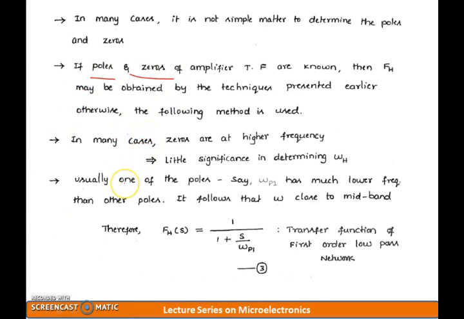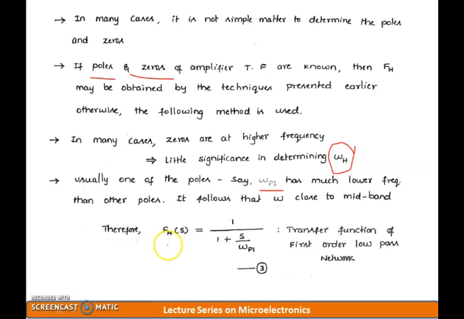Now, in many cases, zeros are at higher frequency. If that is the case, then they have little significance in determining the upper cutoff frequency, because my upper cutoff frequency depends purely on the poles, and that too on the dominant pole. Usually, one of the poles, say omega p1, has a much lower frequency than the other poles. So, it follows that omega close to midband will occur.